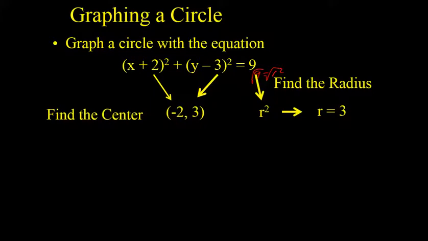So now I have my center. Now I have my radius. I can graph it. If you know how to plot a point and count to 3, you can graph it. Okay, so here's what we're going to do. Here's our graph. What was our point? It was -2, 3. So I start at the center. I go left 2, up 3. There's my center. My radius was 3, so I'm going to go 3 in all 4 directions.